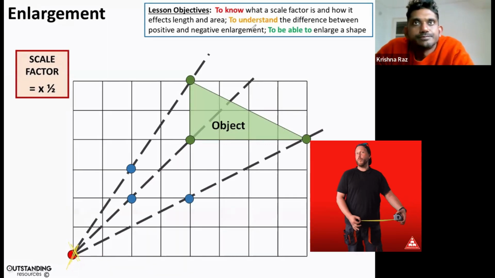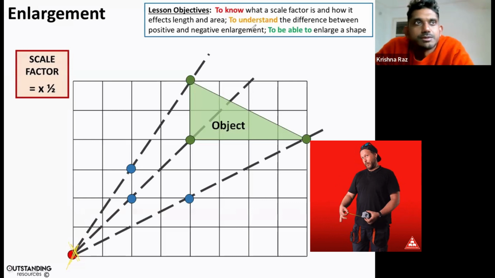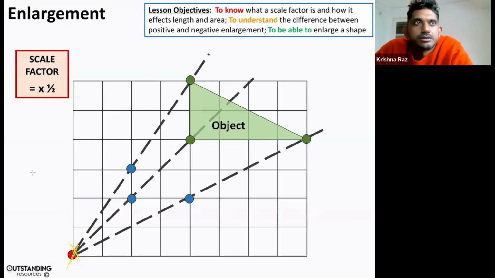Next thing's easy. You get a ruler and you simply measure half the distance. So for example, whatever this distance is from here to here, we just measure half and plot a point. We do the same for the next point, measure that distance and half it.